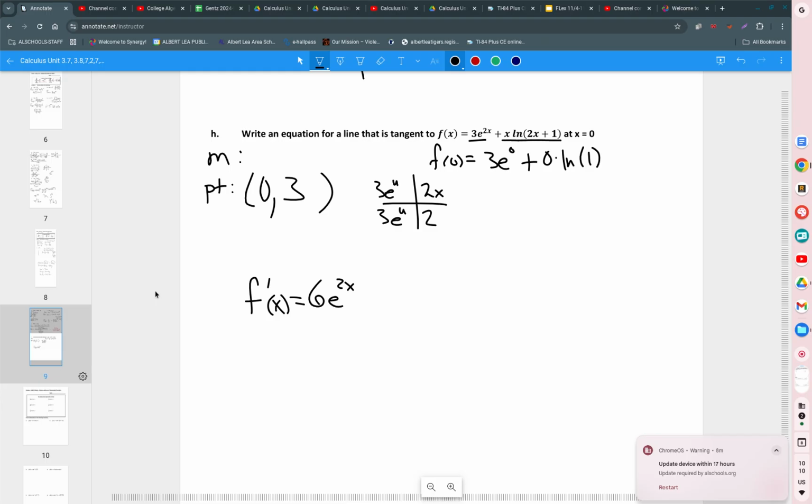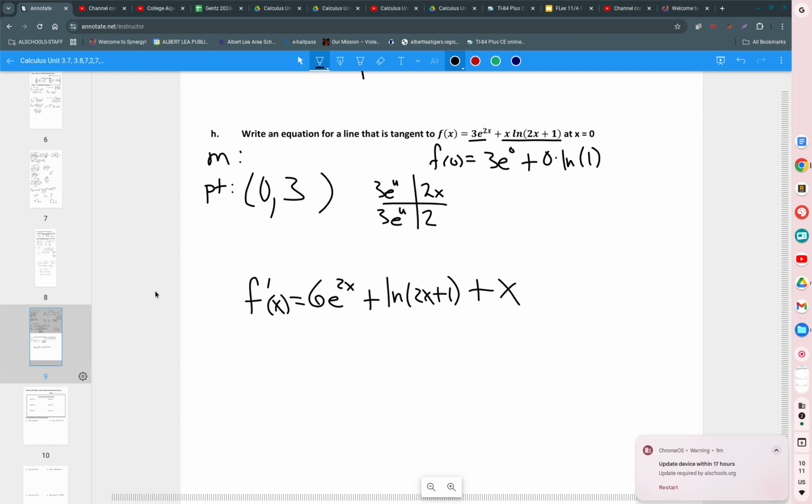What rule do I use there? Product rule. The derivative of x is 1 times the natural log of 2x plus 1, plus x times, now I need the derivative of the natural log of 2x plus 1.